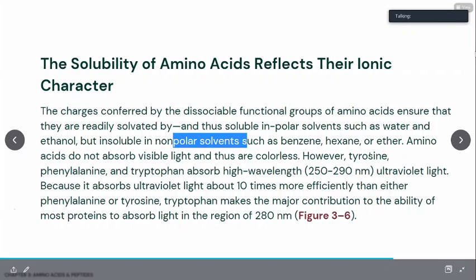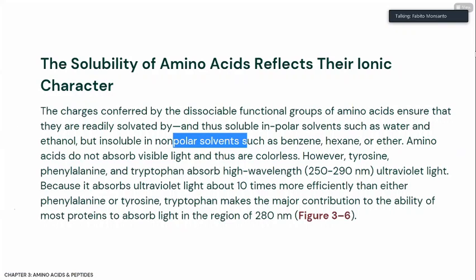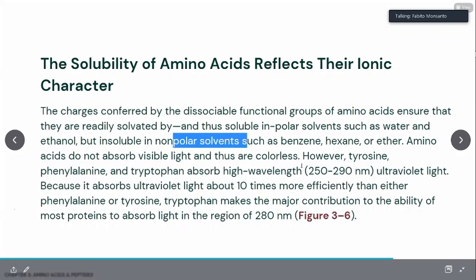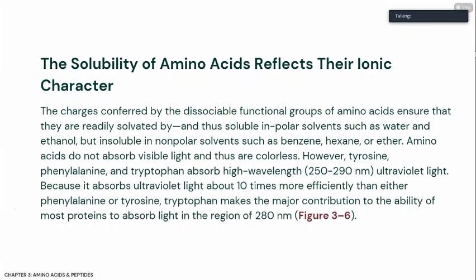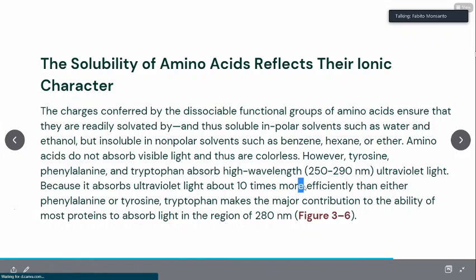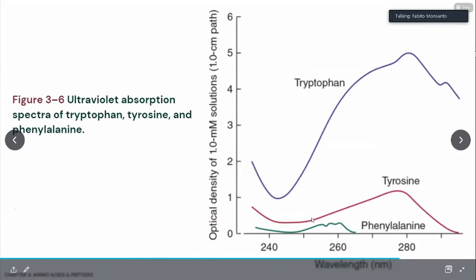However, tyrosine, phenylalanine, and tryptophan, because of their aromatic group, absorb ultraviolet light at 250 to 290 nanometers. So it says 250 to 280.